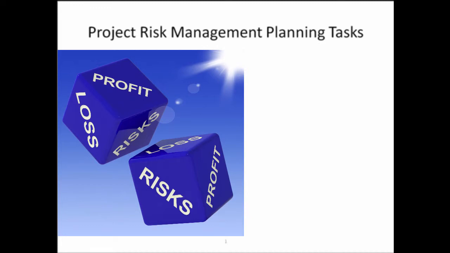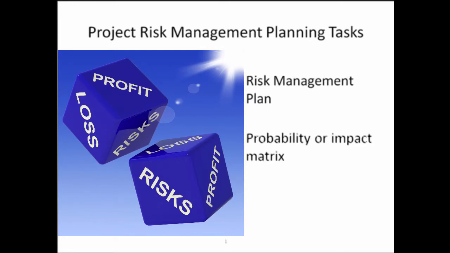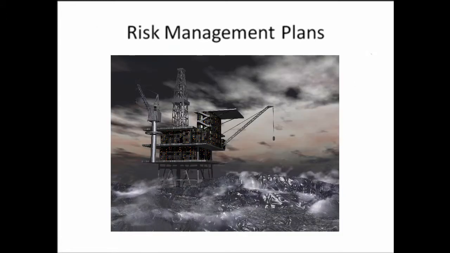Some organizations only view risk as negative and call positive risk opportunities, which is what we have done when we did our SWOT. Project risk management tasks could include a risk management plan, the probability or impact matrix, and a risk register.